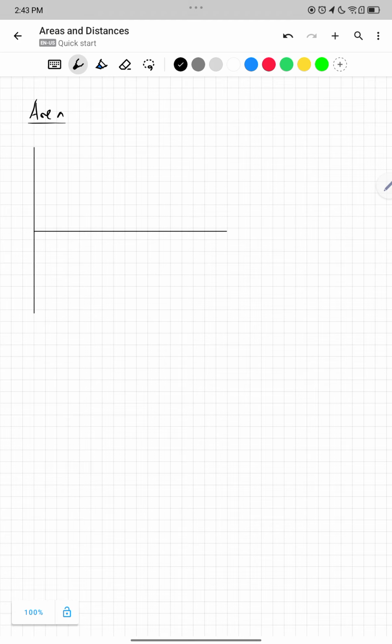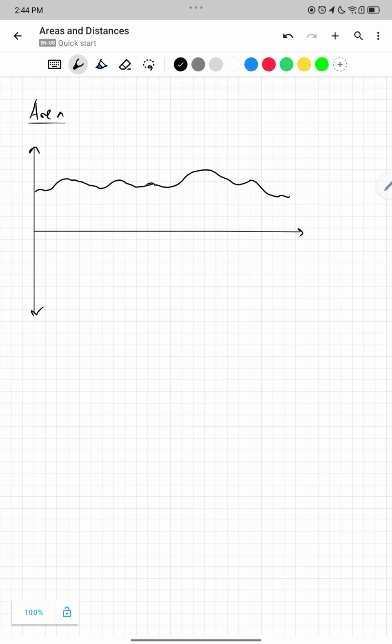And this curve goes something like this. This curve is like this, and we are told to find the area under the curve.